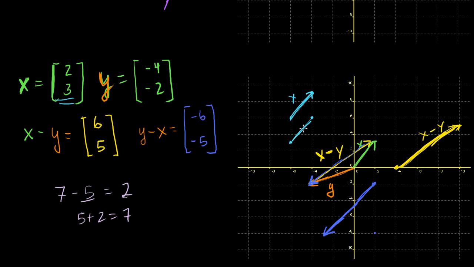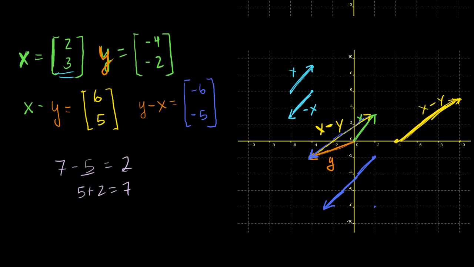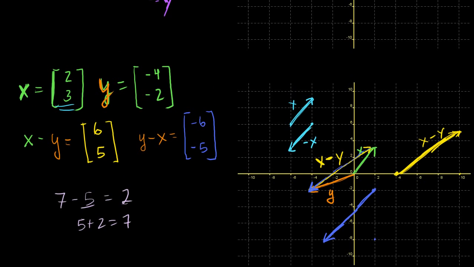So minus x would look just like this. Minus x. So it looks just like x. It's parallel. It has the same magnitude. It's just pointing in the exact opposite direction. And this is just a good thing to really get seared into your brain, to have an intuition for these things.